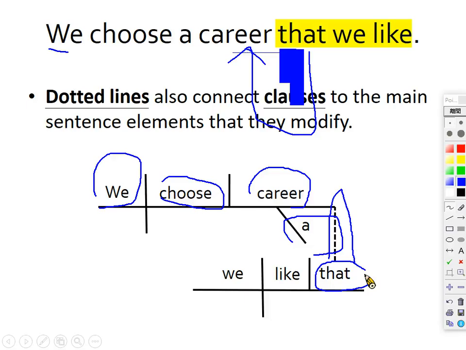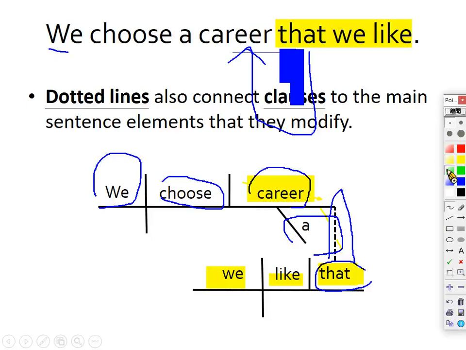"That" refers to career, right? So look here. Career, that. So "that" is equal to career. And in the clause, its function is an object. So we like the object. So we put "that" over there. And we use a dotted line to connect career and "that" together.